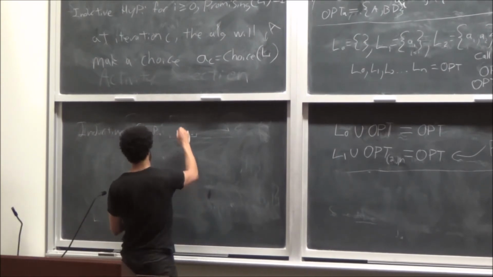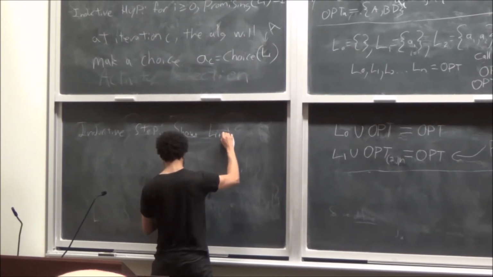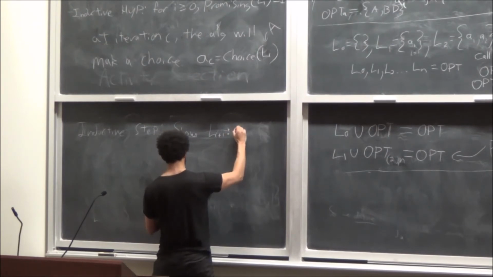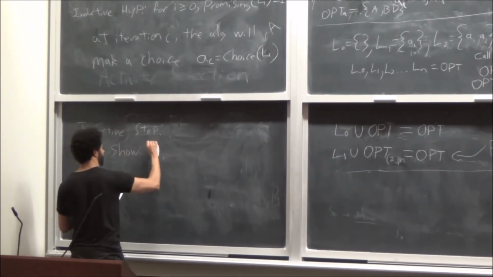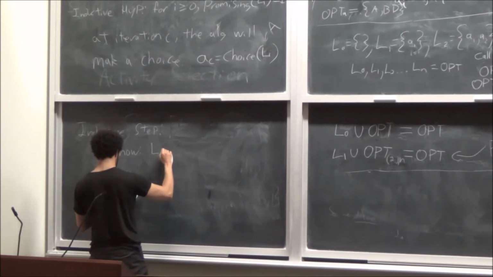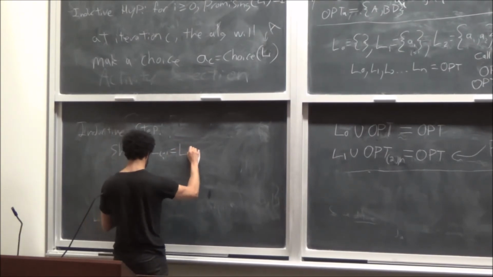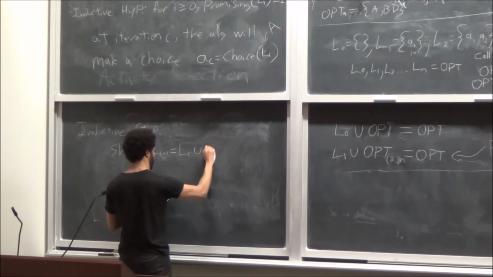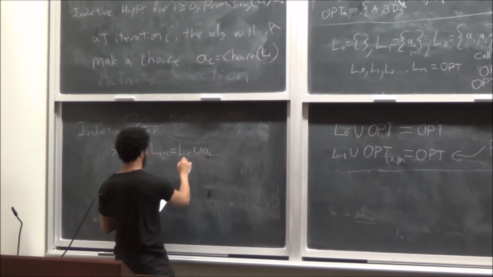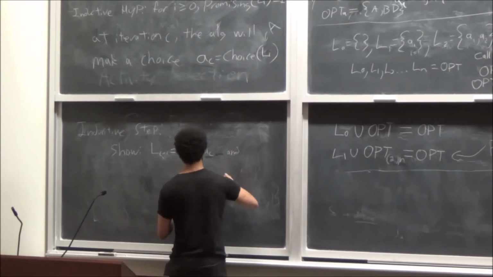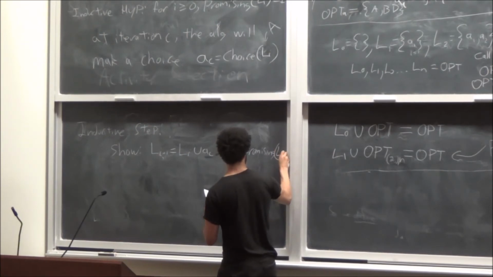We're going to attempt to show that Li plus 1, which is equal to Li unioned with AC, our chosen action, has this property and that we still have the promising property for Li plus 1.